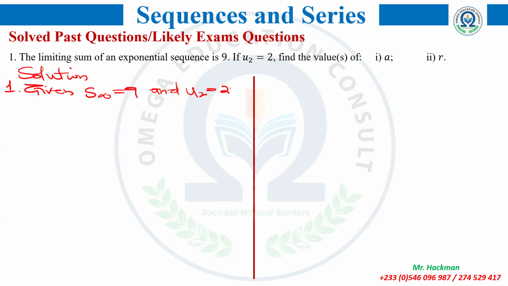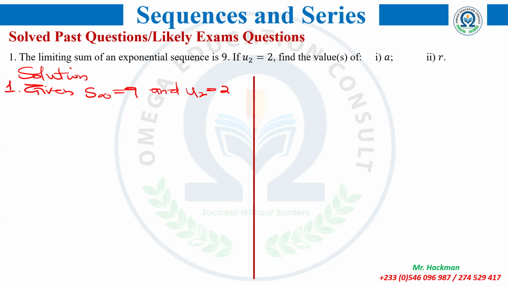These are the two basic pieces of information provided in the question. This long statement is what we have extracted mathematically. We need to find the values of a and r. That means two unknowns, and we cannot find two unknowns with only one equation. We have to generate at least two equations, and that's exactly what I am going to do.